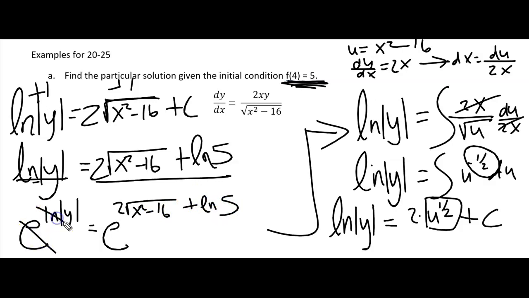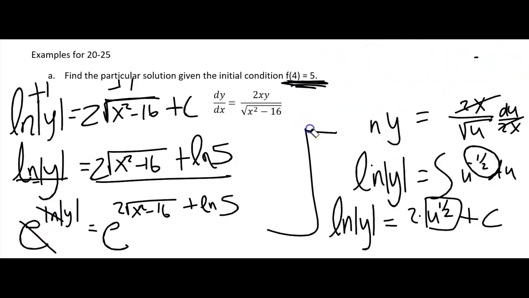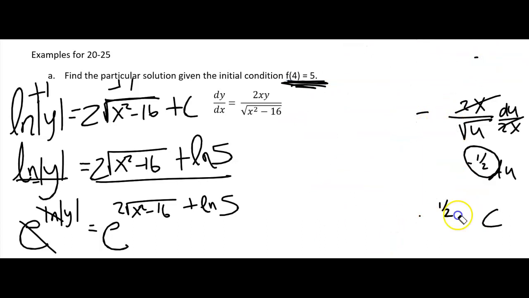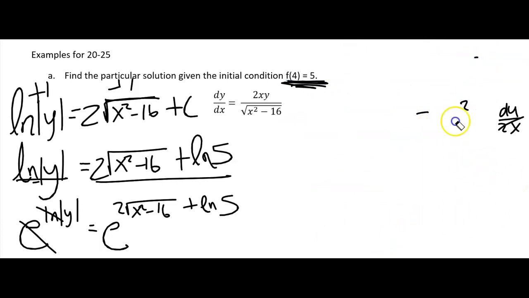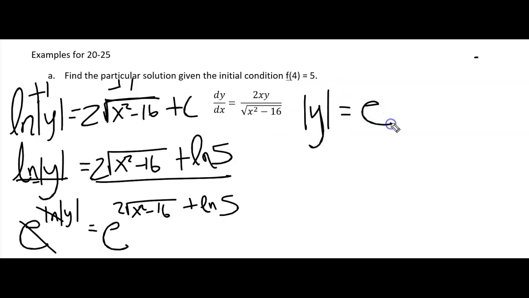Now these two things cancel, and I'm left with this. The absolute value of y is equal to e^(2 square root of x squared minus 16 plus ln of 5).